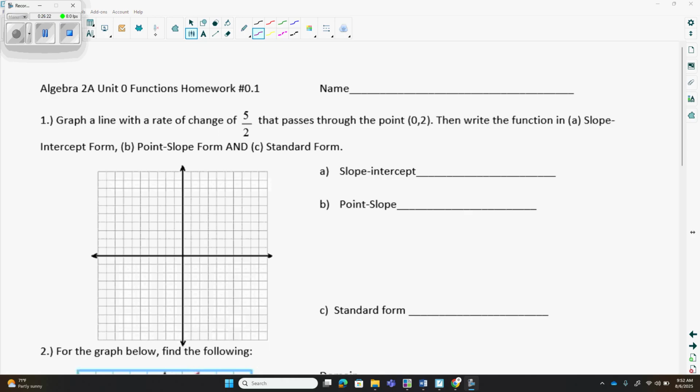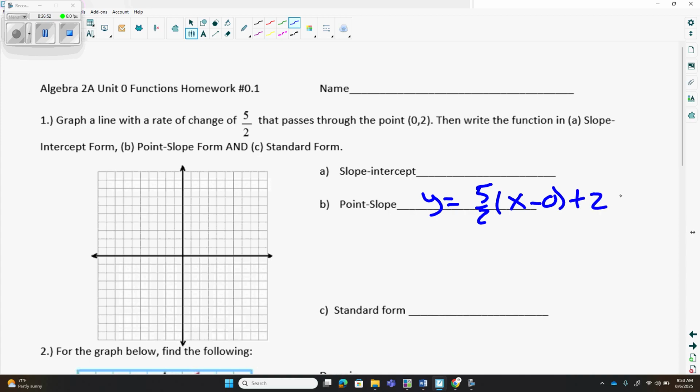All right. Let's see if we got any questions here. On number 1, again, I always want to start with point-slope form. I've got my slope and I got my point, so I'll just go through this one with you guys. This one here would be y equals 5 over 2 x minus 0 plus 2.